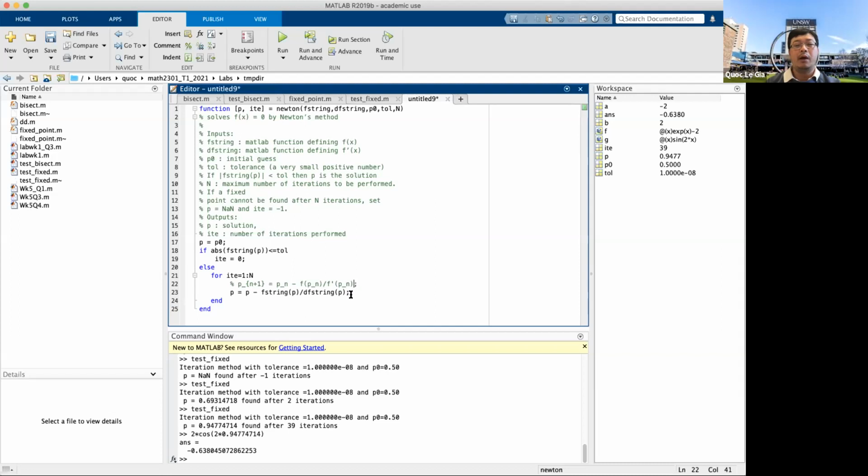I just use this formula, but I override the variable P again and again.